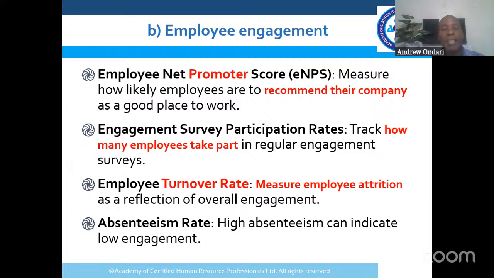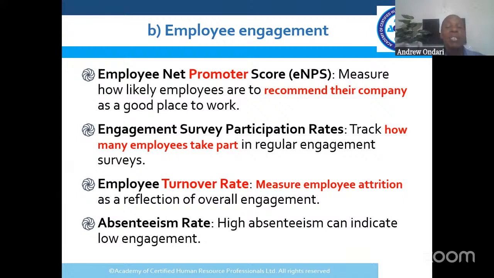And the third kind of engagement is the satisfaction, commitment, and identity with the organization. We shall have a look at all this, especially the last one that I've mentioned, that an engaged employee is one who is happy with the organization, one who is committed, and one who has a sense of identity.